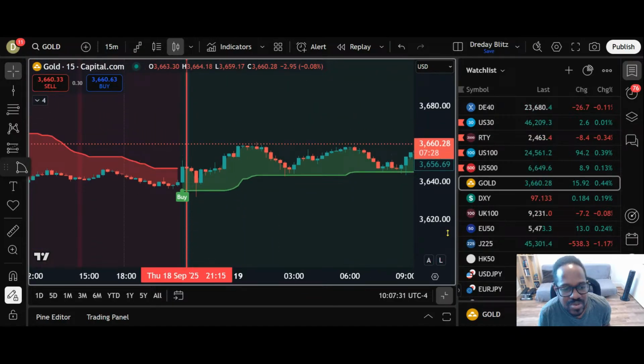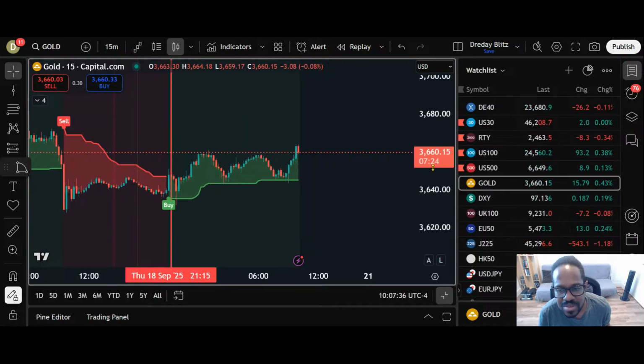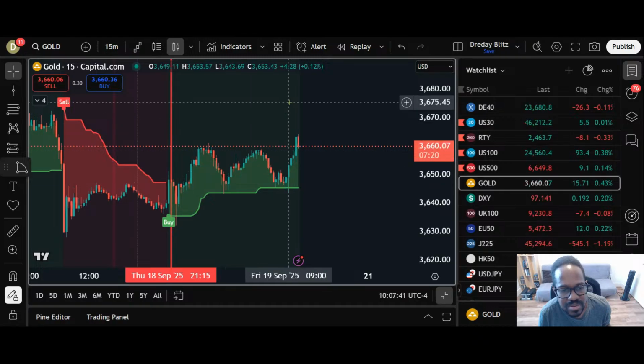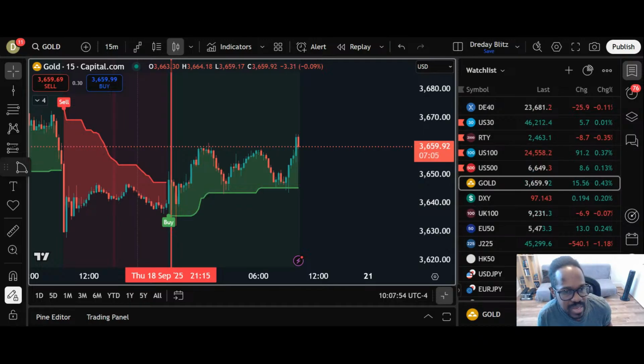We had a gold buy right here, and this is where we're at right now. If you had taken that gold buy trade, you would be in profit overall. That was at 9:11 on the TV alert app, providing you with a buy setup, and this is where we're at.